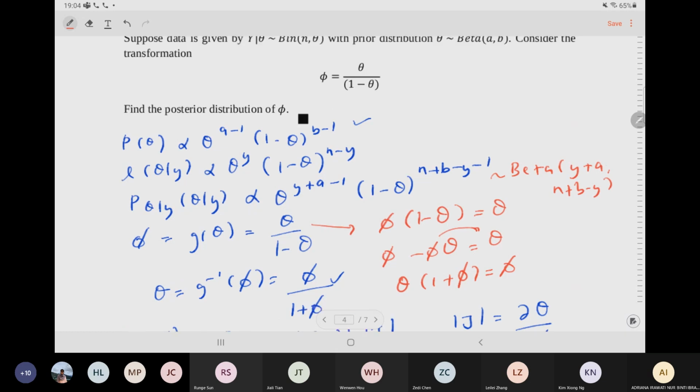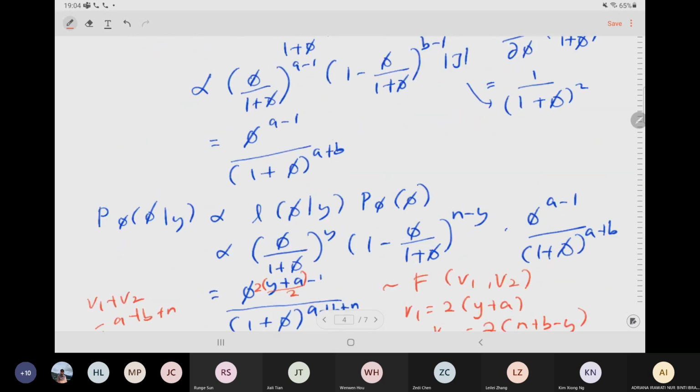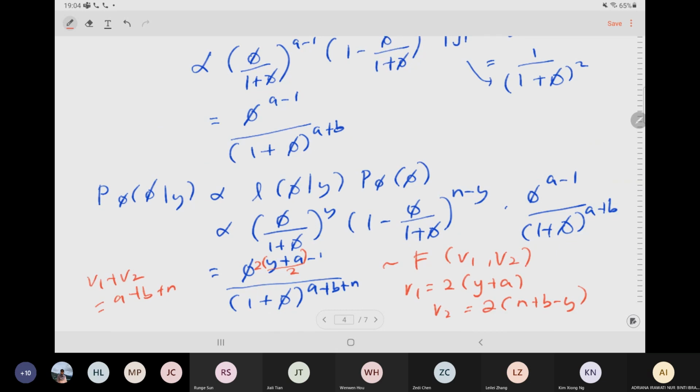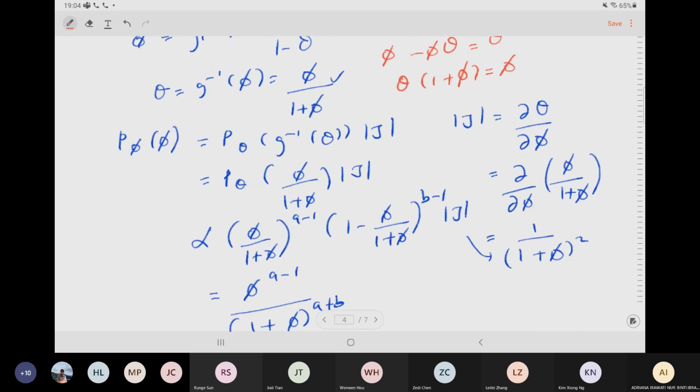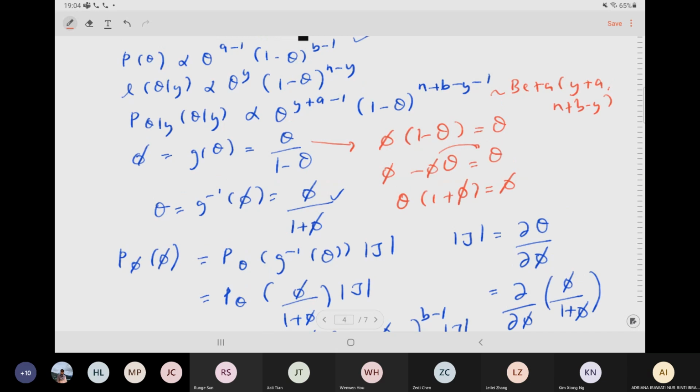This means that if you have a beta and you use the transformation phi of theta equals theta over 1 minus theta, you will get an F distribution with v1 and v2. In the last example we had beta 2, 2.